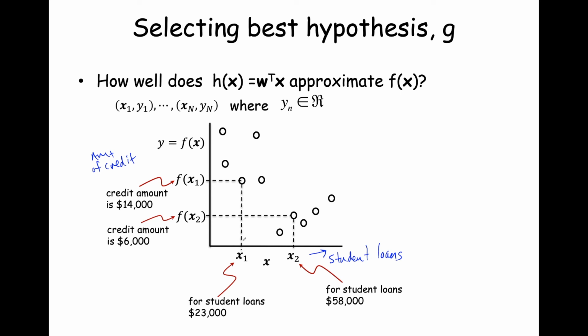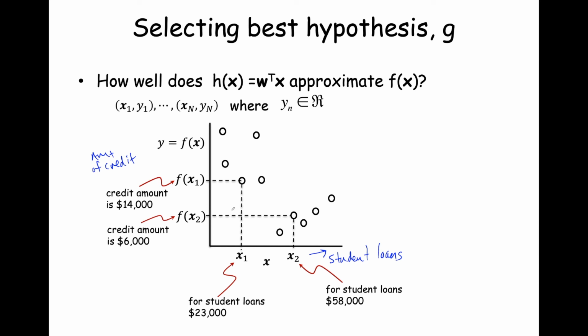So here we have two inputs. We have X1, which is student loan, $23,000. So this applicant, the first applicant, has $23,000 student loan, and the size of the credit line is $14,000. And then the second person, X2, has, for example, $58,000 of student loan, and the associated amount of the credit line assigned by the bank is $6,000.